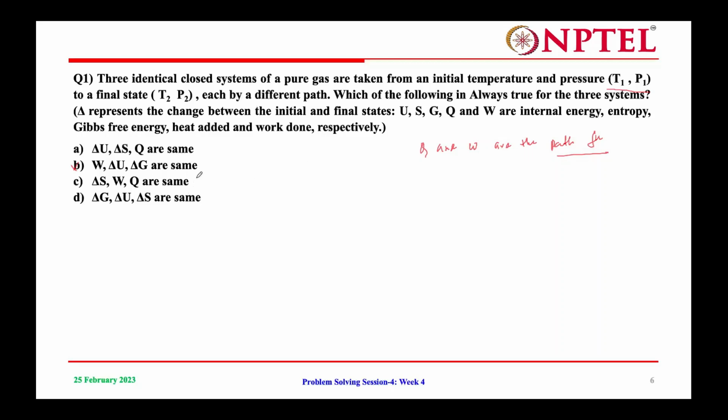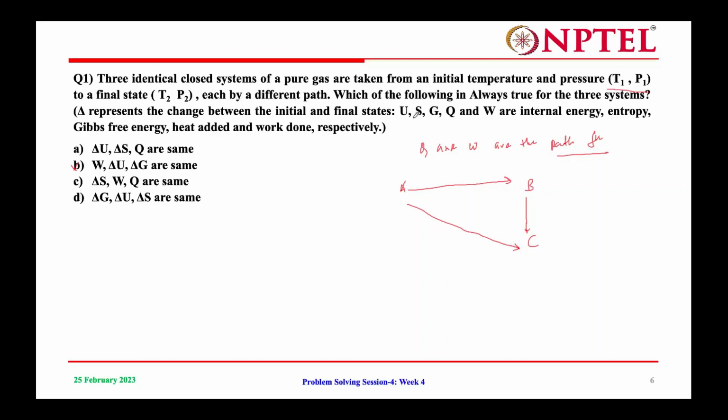So it would not be the same, it would be different, like system A, system B, system C. So here Q and W are different because they depend on the path.